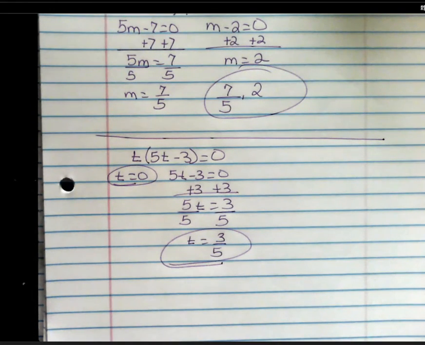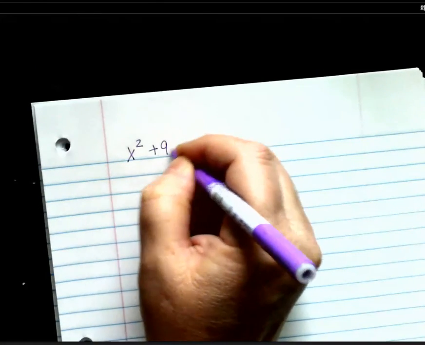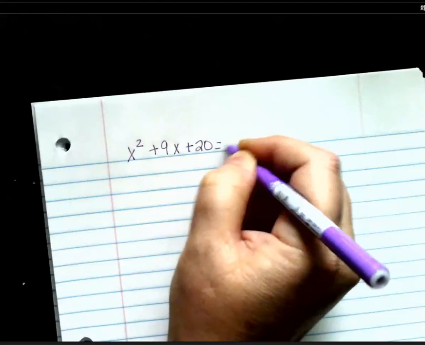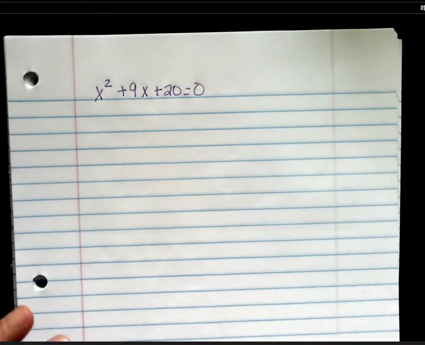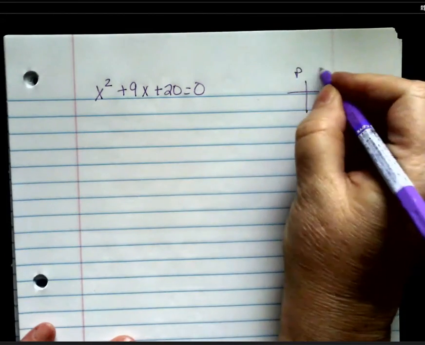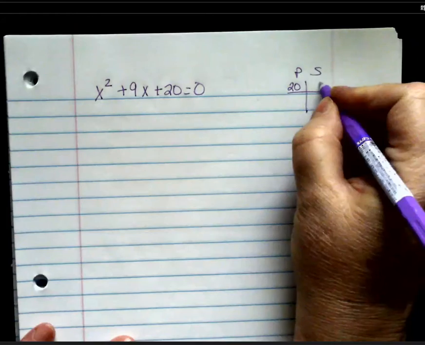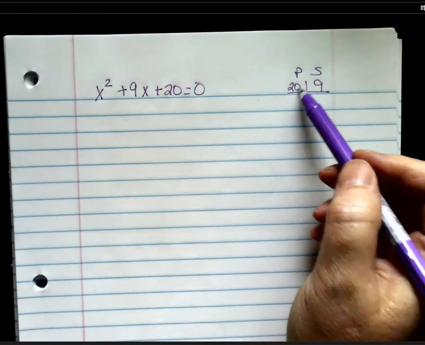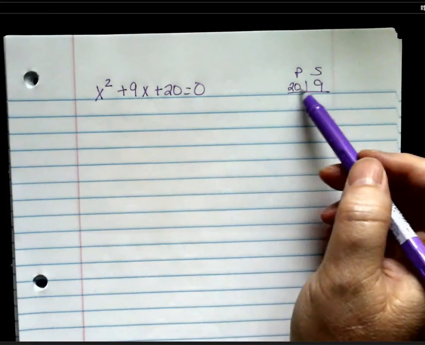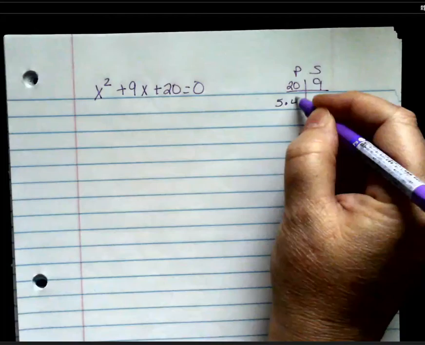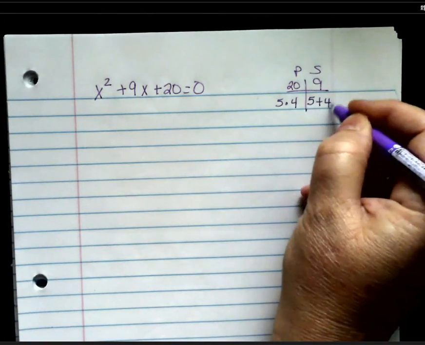Now, what happens when you have a problem that is not factored? Let's look at this one. So you have to factor it. So product, sum, product of 20, sum of 9. What's going to multiply to give me 20 and add together to give me 9? 5 times 4 is 20. 5 plus 4 is 9.